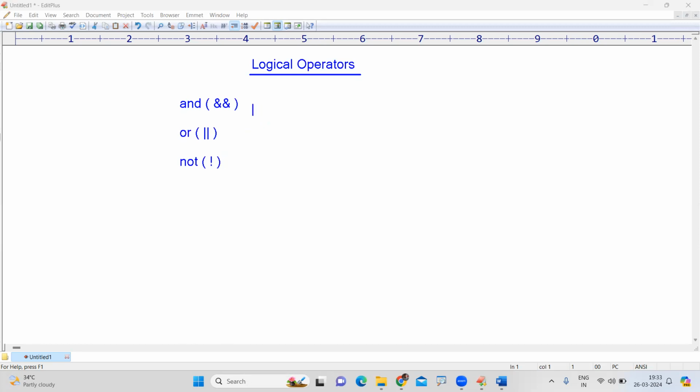Logical and operator means what? All should be true. All true, then return true. Or operator means what? At least one true. Not operator means what? True will give false, false will give true. Simple. It will give the reverse.